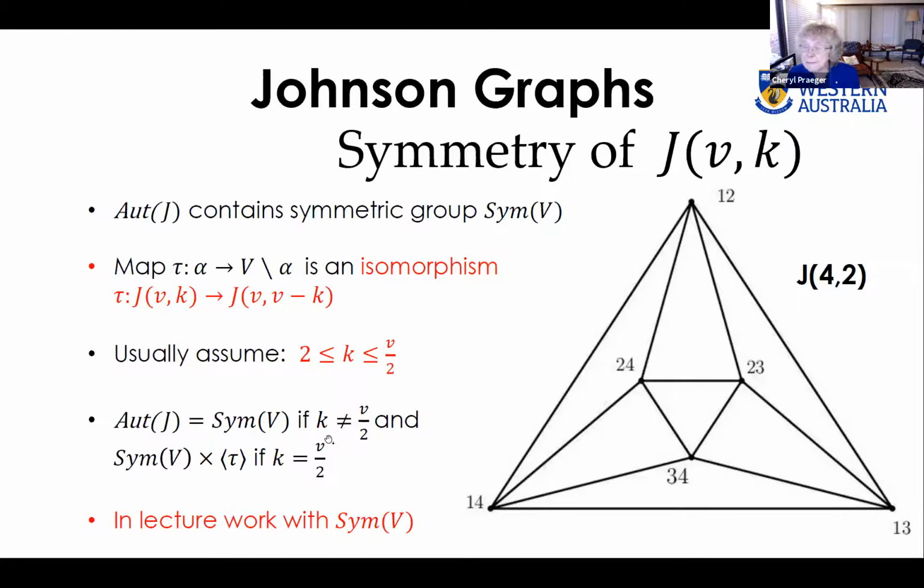That's true if K is not equal to a half V, but if K is equal to V on 2, then this tau is actually an automorphism because V minus K equals K. And the full graph automorphism group is just the direct product of these permutations with the cyclic group of order 2 generated by tau.